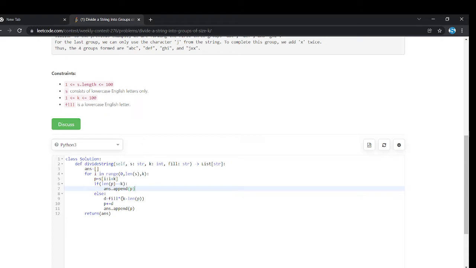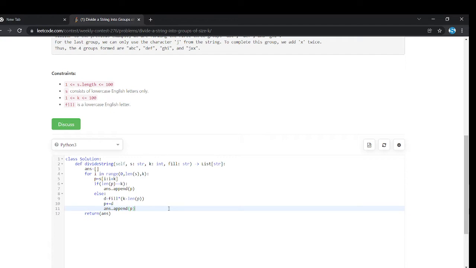So we can take the difference of k and the length of p, which represents the group, and that many spaces will be left to be filled up. So we can concatenate that many fill characters to our group, and once it is done, we can append it to our answer and return the answer.